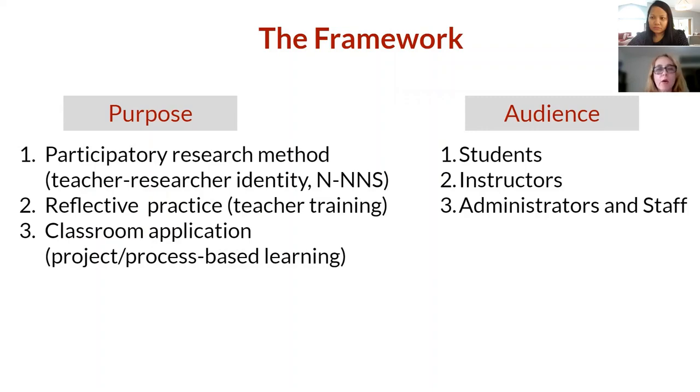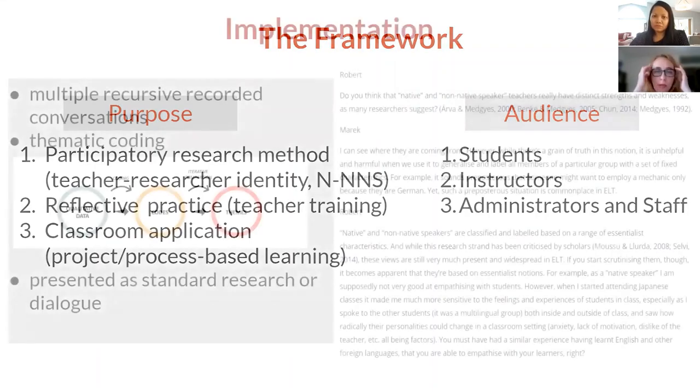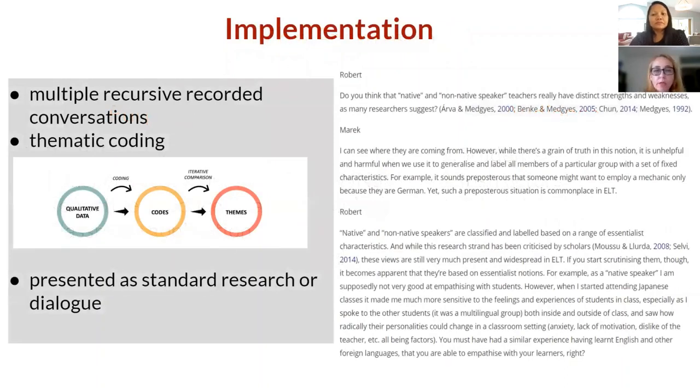Let's look at how duoethnography has been implemented. As I mentioned earlier, duoethnography is not a very prescriptive qualitative research method, but it is accessible to many readers. So first, you are doing multiple recursive recorded conversations on Zoom. We use Zoom, but you can use other platforms. Then together, we did thematic coding.